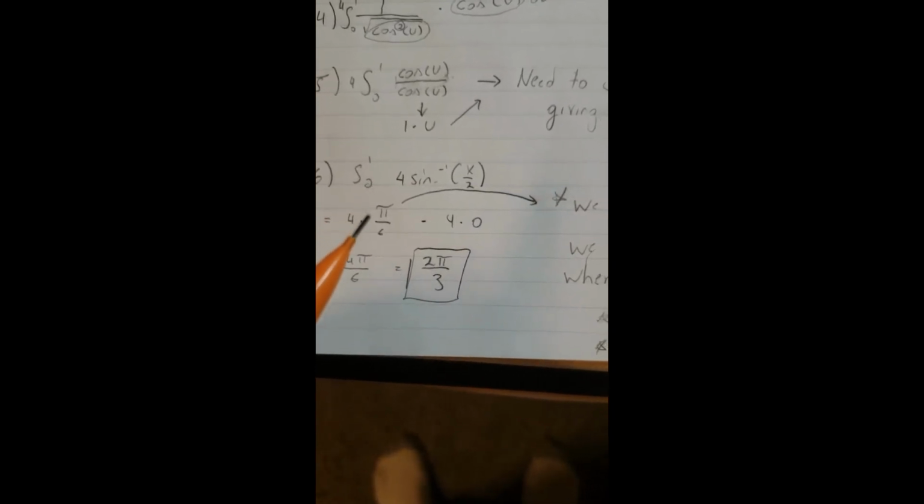And the big thing to realize is that I would have to plug in the limits, and as you can see, once you plug in 1, you end up getting 4 times pi over 6. We got 4 times pi over 6 over here because this is where sine equals 1/2.